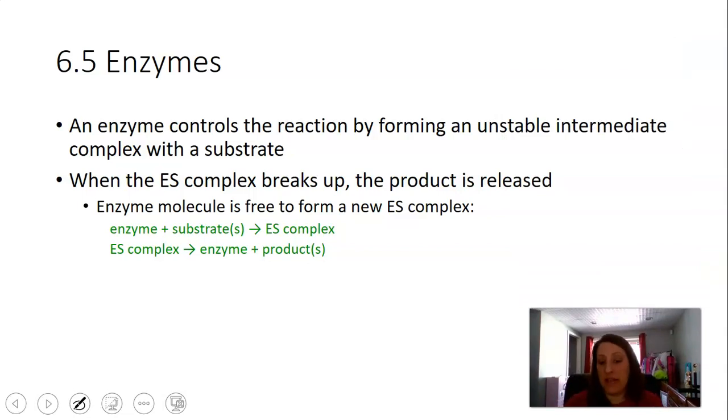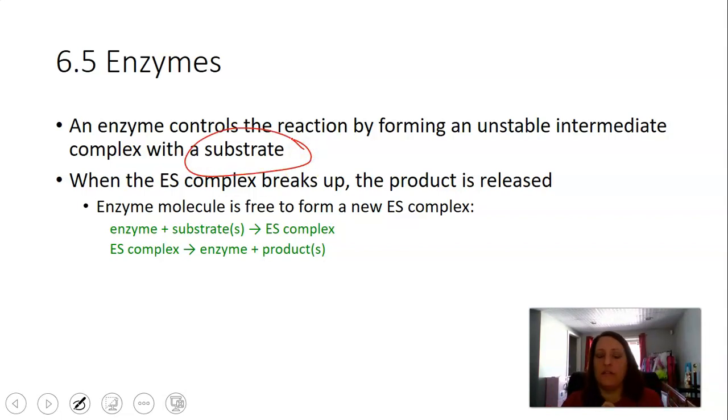Well, what happens is the enzyme actually will bind to the reactants. So in the case of hydrogen peroxide, the enzyme, catalase, binds to the hydrogen peroxide. So again, the enzyme is catalase. The hydrogen peroxide we call the substrate. So there's that term right here.